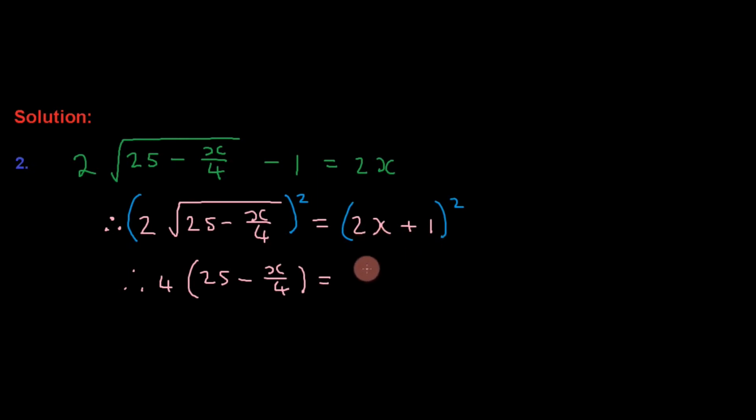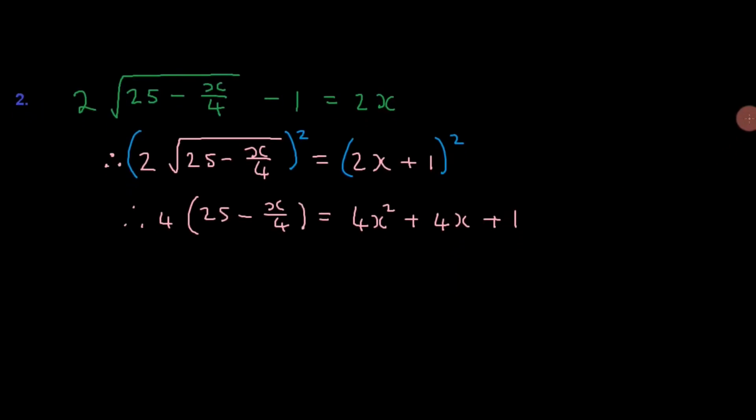And then squaring out the right-hand side, we get 4x squared plus 2x times 1 times 2, so plus 4x, plus 1 squared. We can multiply the 4 into the brackets here, so it's 100. And 4 times x over 4, we're left with x because the 4's cancel.